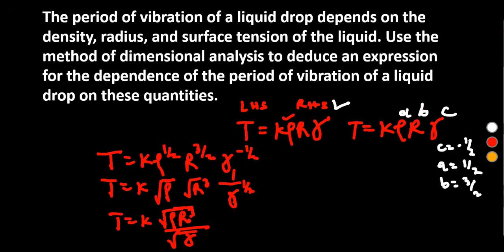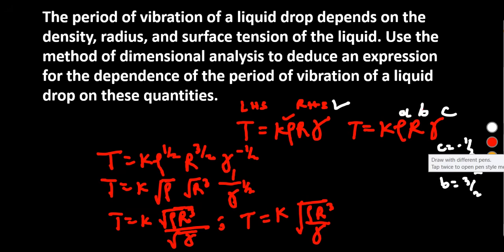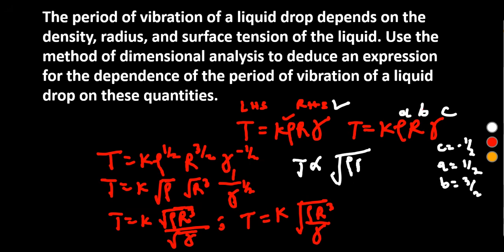So we can now go further to write that T equals, this is the dimensionless constant, square root of, to take care of this, density raised to the power of 3, and this is the surface tension, which we represented with gamma. You will now see the dependence of the period of vibration of a liquid drop on these quantities. So what is the dependence? That it varies as the square root of the density raised to the power of 3, and the surface tension.